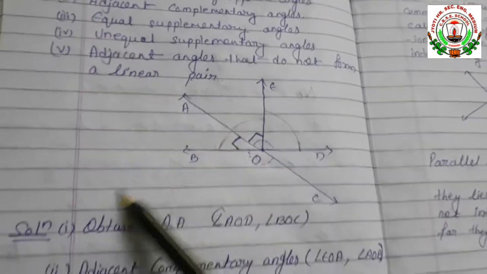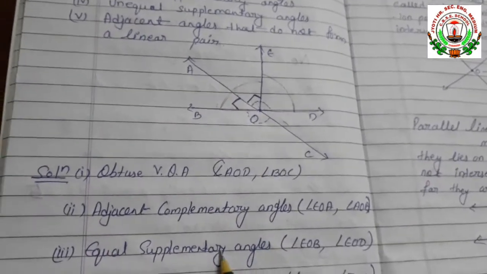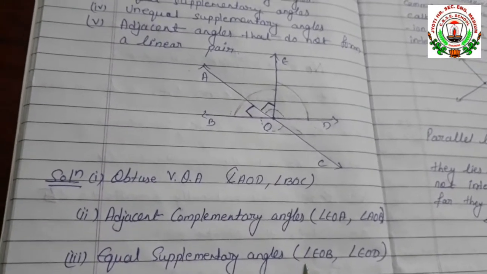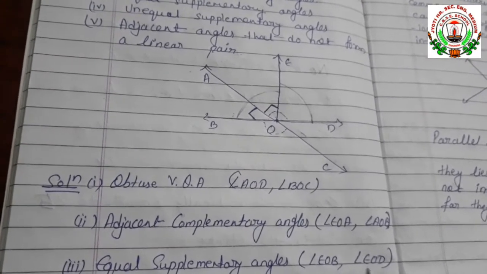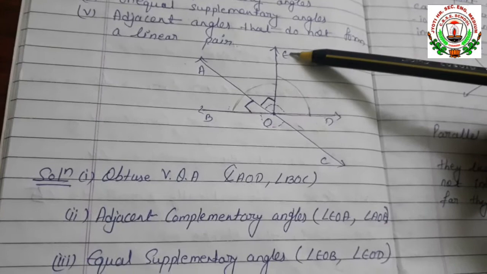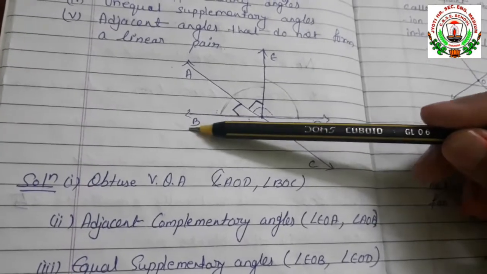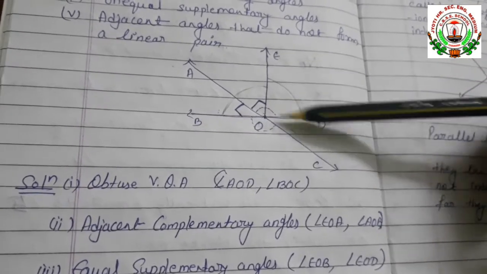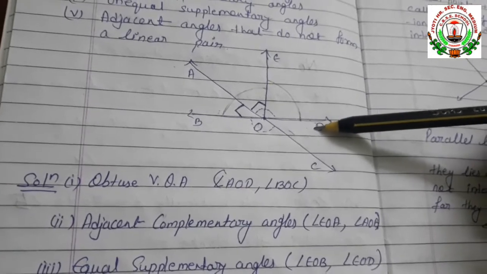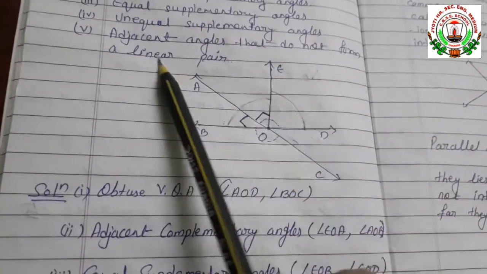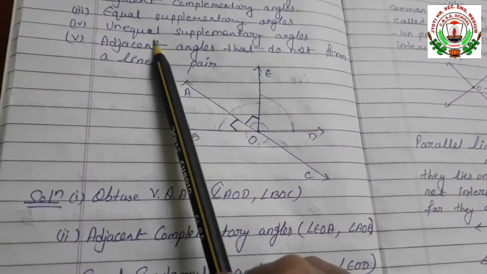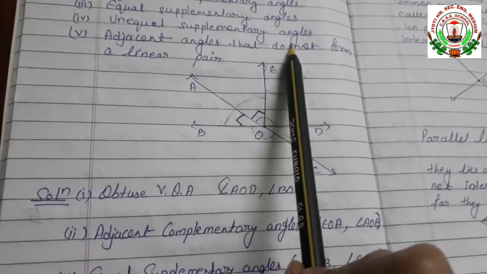So which will be the solution for that? Equal supplementary angles are angle EOB and angle EOD, isn't it? So here is the figure, angle EOB and angle EOD. So these are the equal supplementary angles. In the same way, in the fourth part of the question it is asked unequal supplementary angle.